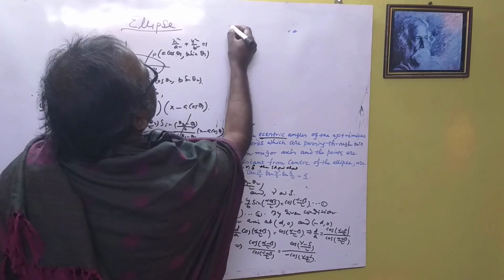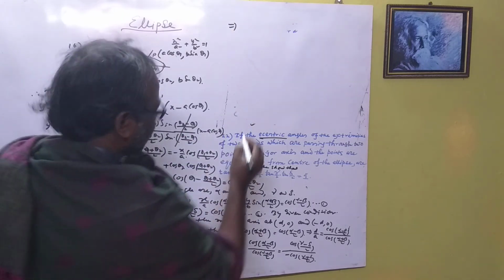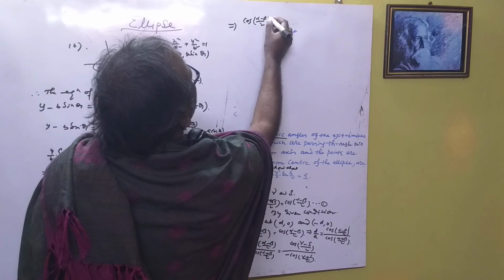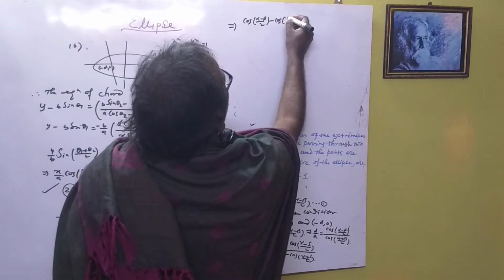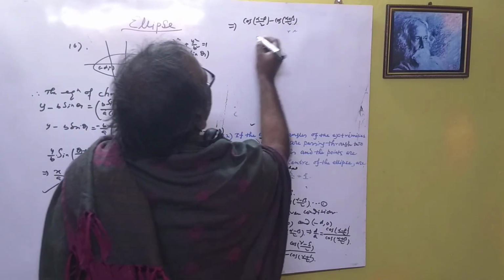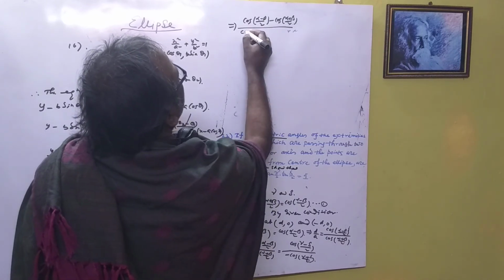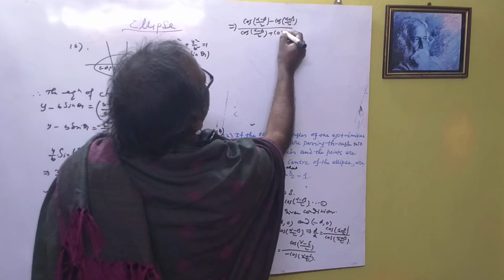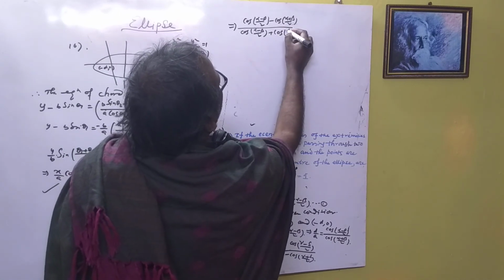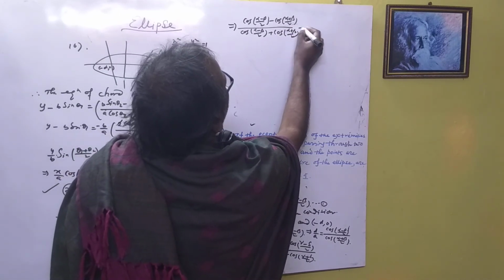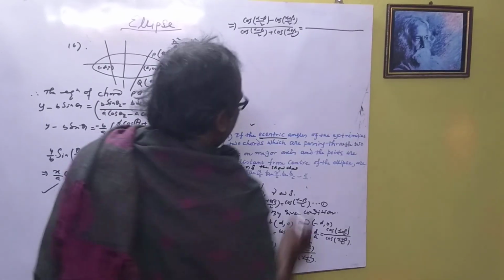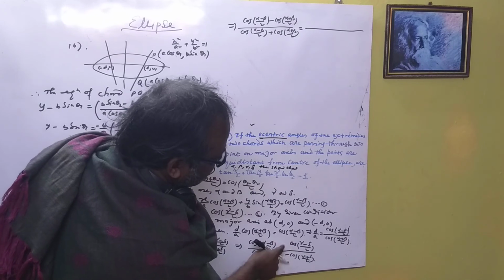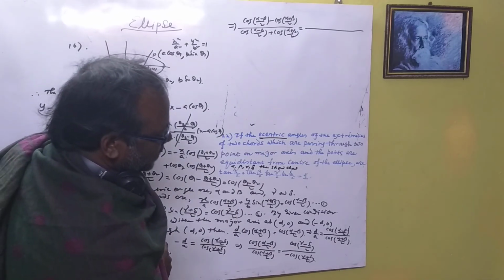So this implies cos((alpha-beta)/2) minus cos((alpha+beta)/2) over cos((alpha-beta)/2) plus cos((alpha+beta)/2), and this is equal to the same on the right-hand side, this plus this and this minus this.